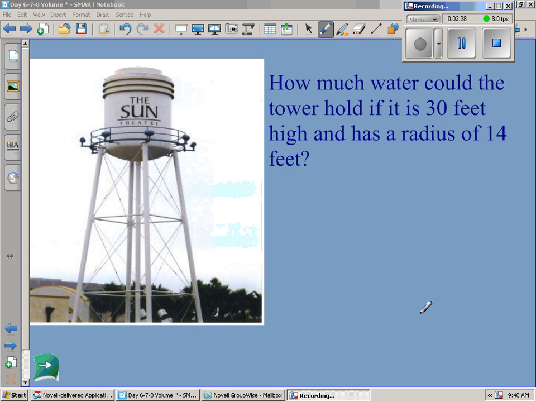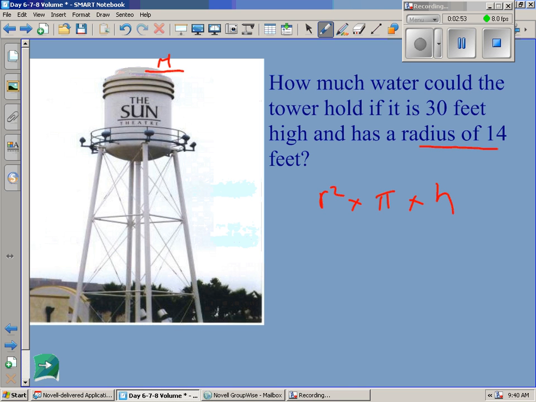All right, now that you've had the opportunity to try this problem, again, our formula was r squared times pi times h. Hopefully you recognized our radius is 14, so if this was on the picture, we'd have a radius of 14 and a height of 30. So 14 squared times pi times the height.